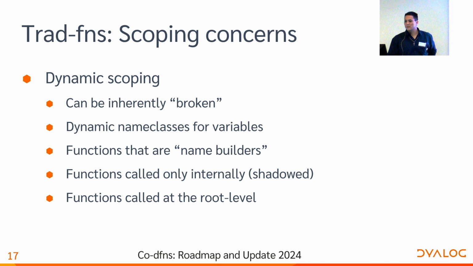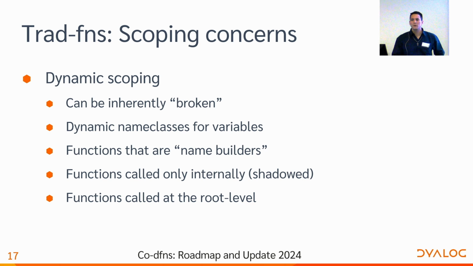So Trad-fns is the big bugbear, one of your favorite words, Brandon. Trad-fns introduces a whole suite of problems for us, primarily for the parsing, because it has dynamic scope. That means there's no way to completely eliminate the possibility that you've got inherently broken code in your system.